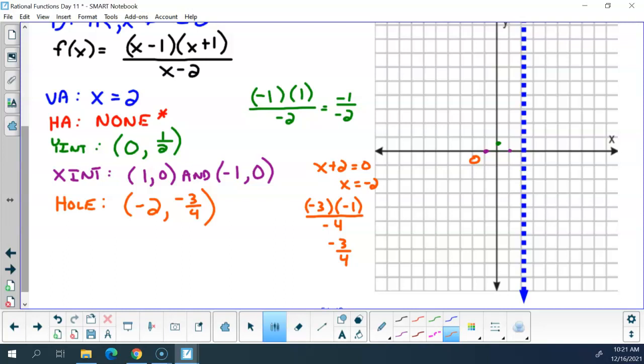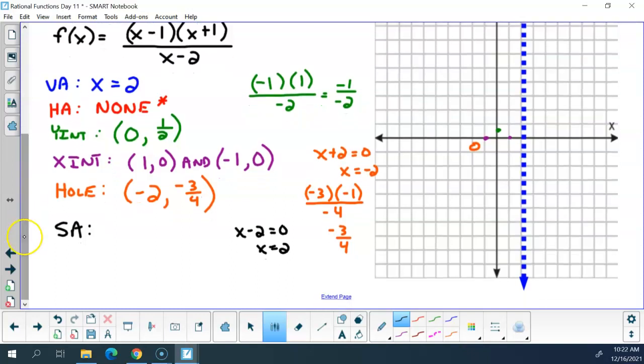Slant asymptote. Can I synthetically divide? Yay or nay? Yeah, I can, because it's a linear factor in the problem. So we can say x minus 2 equals 0, x equals 2. So 2 is going to be my outer number.